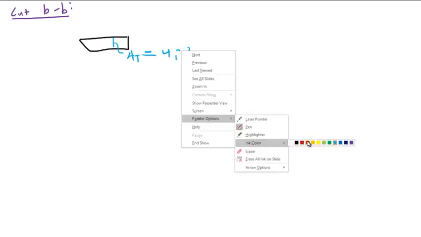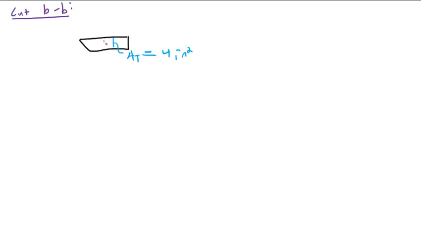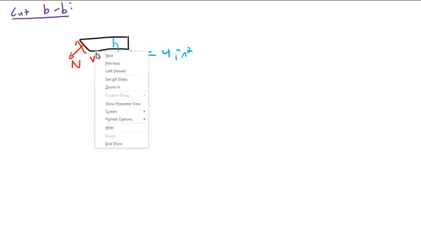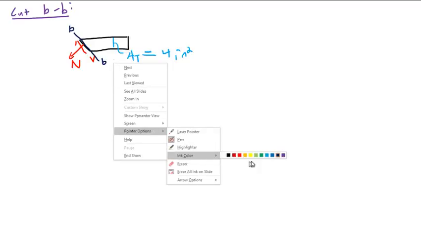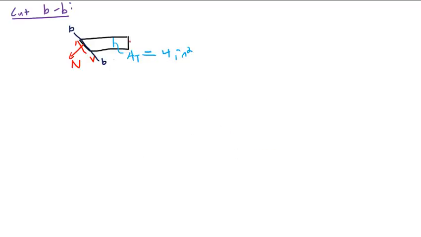And this means that I'm going to have the following. I'm going to have shear V, a normal force N, and let me label the cut, BB, like shown, and a 35 kip tension force over here.